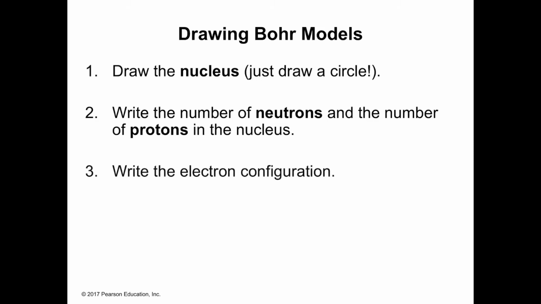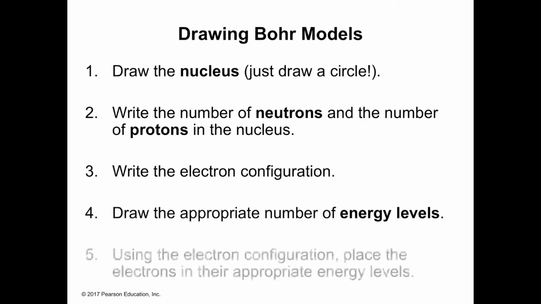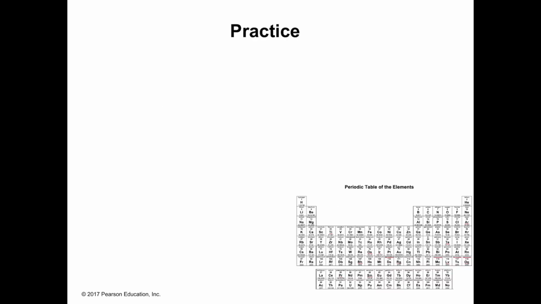Then we're going to write out the electron configuration, and we're going to use that electron configuration to draw the appropriate number of energy levels, and then we're going to use that electron configuration to put the electrons in their appropriate energy levels, and then we can see how many electrons are in that outermost energy level, which is really what we're looking at. So let's try this out.